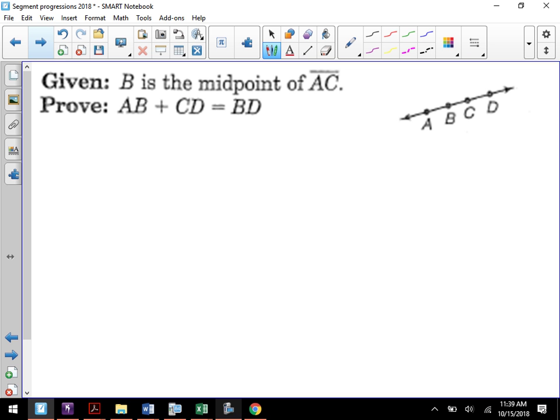So as you start looking at it, the first thing you're talking about is the segment AC. But the last thing you're talking about is the segment BD. You got to figure out how are those two related. Well, before we get going too far, does the segment AC and the segment BD have anything in common?